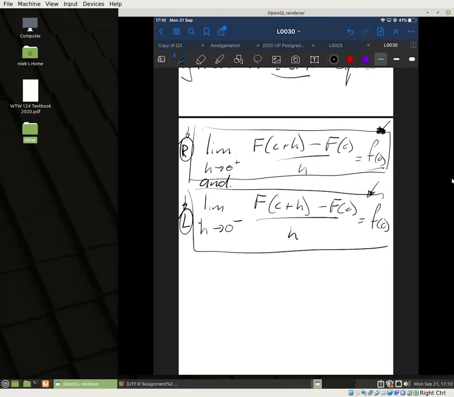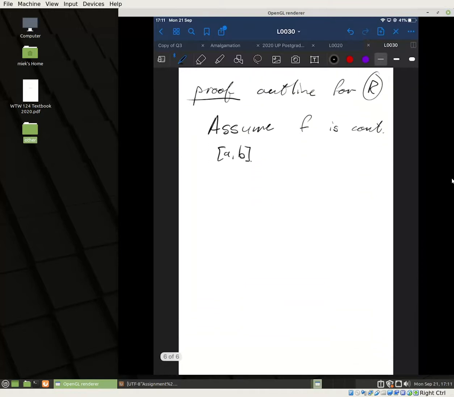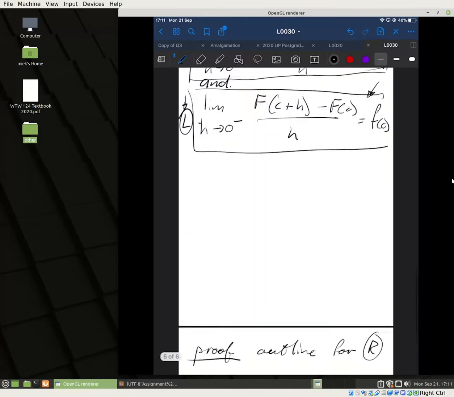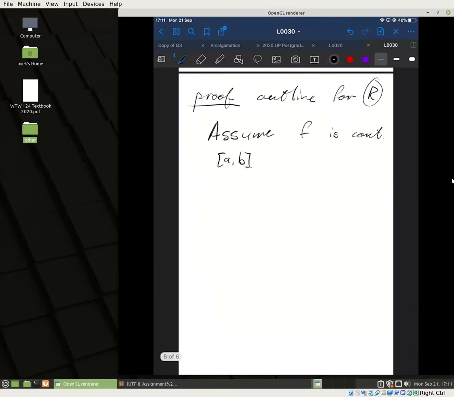Now remember, this statement means something very, very specific. So what does it mean? It means for every epsilon there exists a delta, so that if h is between 0 and this delta, then this expression is within an epsilon distance of f of c.